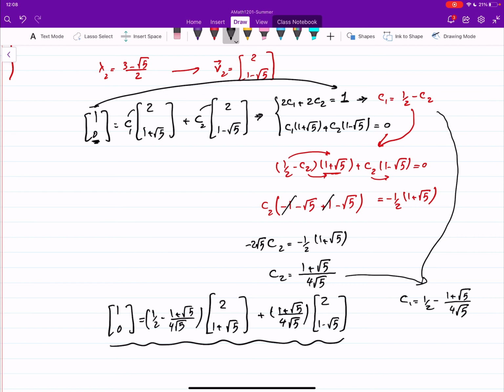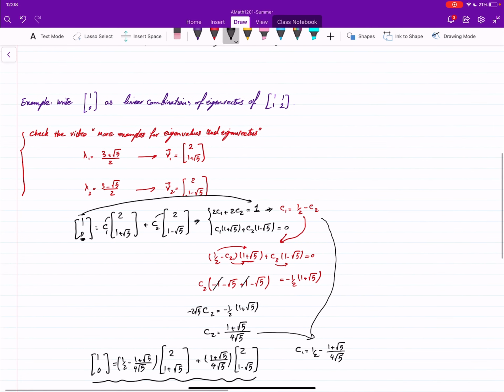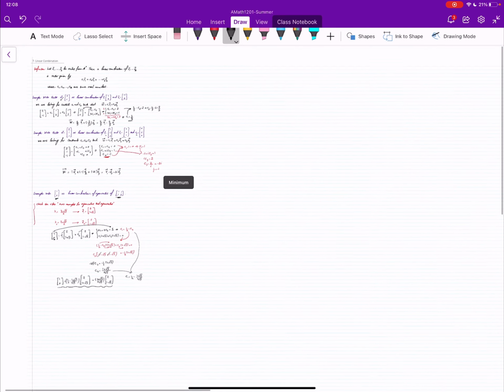Okay, so that's what we need to know: what a linear combination is, and how we can write a vector as a linear combination of other vectors, in particular eigenvectors of a matrix.